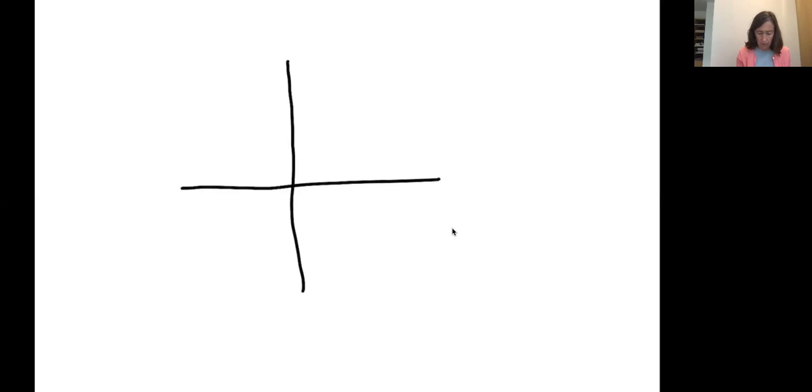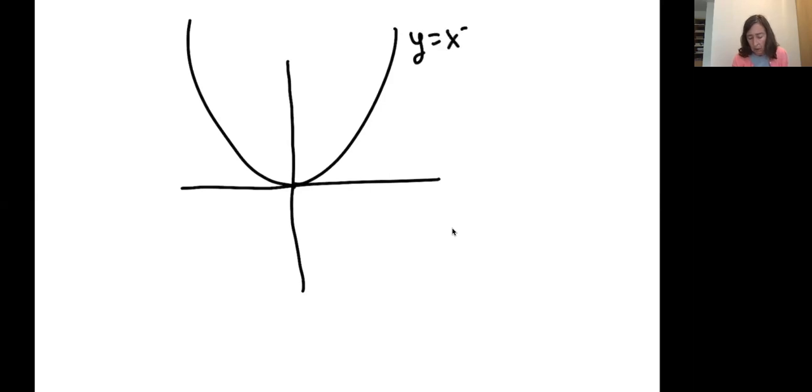Let's think about what y equals x squared looks like. It's a parabola, trying to make it symmetric here, not too bad. Here's my y equals x squared. That's about what the graph looks like. And in saying that dy dx equals 2x, let's think about what that means.